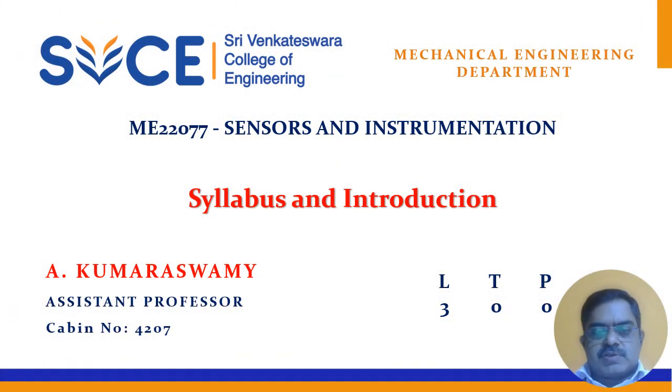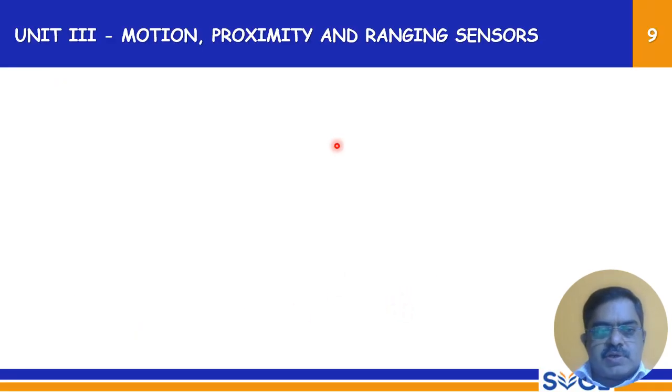Okay, students, today we are going to start another unit. This is unit number 3. In this unit, we are going to have motion, proximity, and ranging sensors.